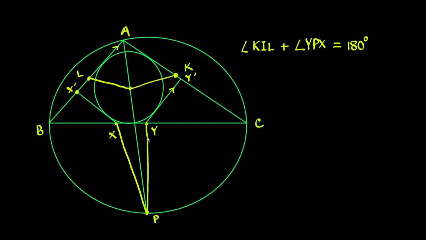So what can we do? At first, as I is the incenter, this angle and this angle will be equal. We can extend this X dash and name it Z. ZA is the intercept of the parallel lines ZX dash and AC.